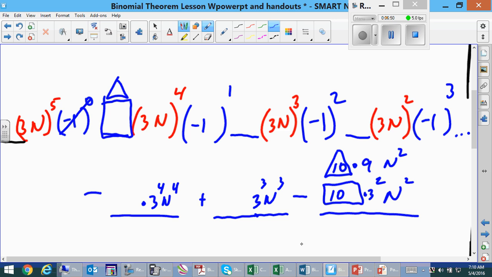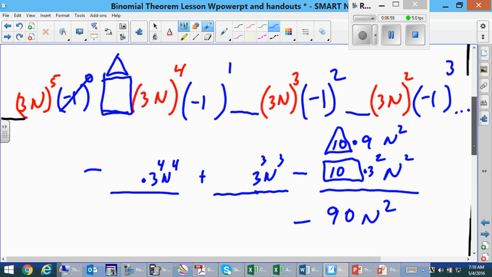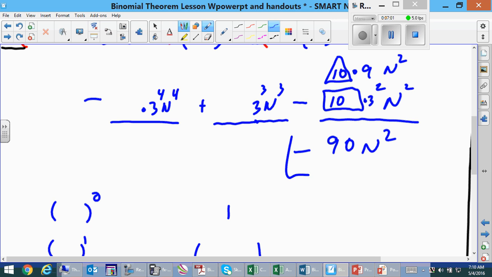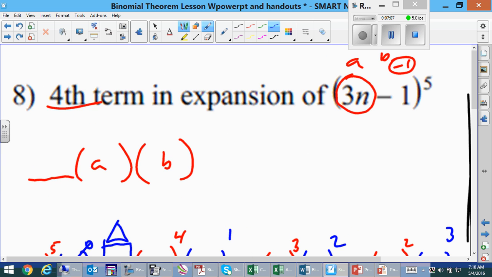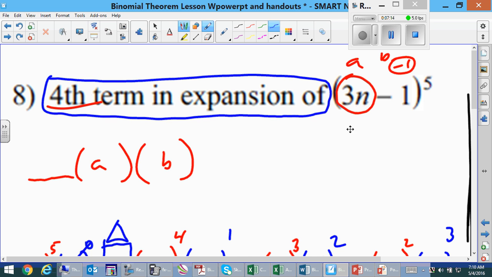We end up with a term value of -90n squared. And that is how we go through the entire process of generating and predicting what a specific term in the expansion of any binomial is, how it's located, using the terms.